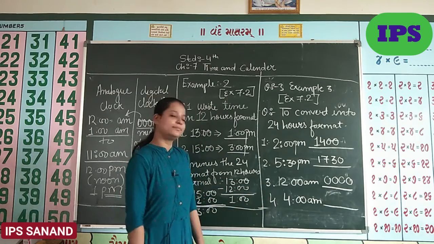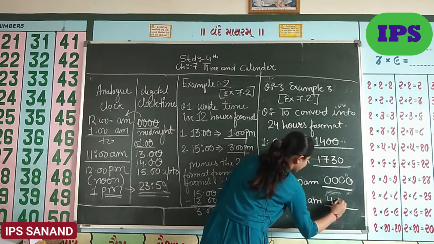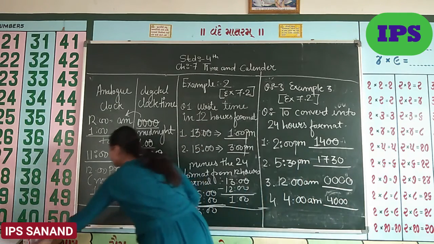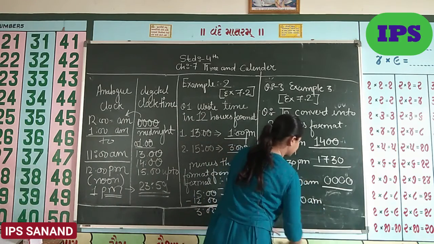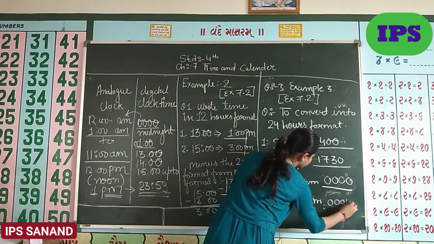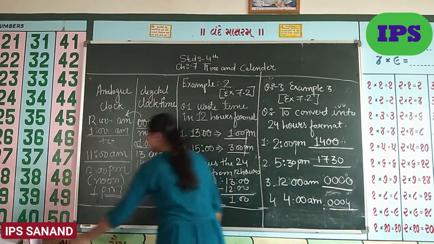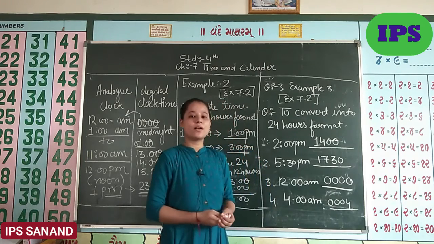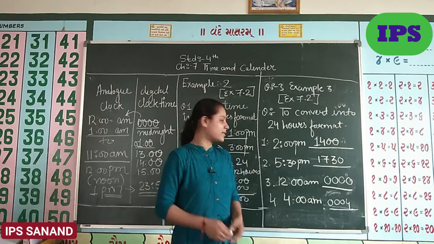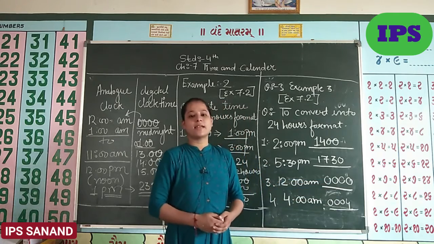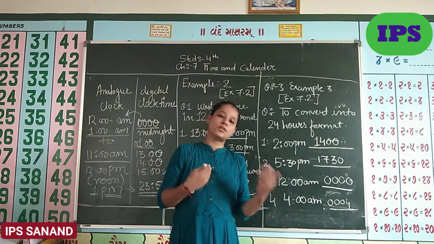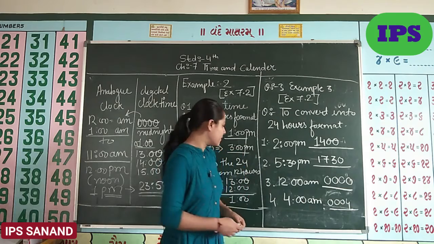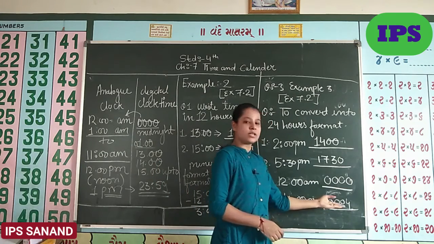We will simply use 4. Okay, why? Because in the digital clock the day starts from 00 and ends at 23 hours 59 minutes. So here the answer is 004.